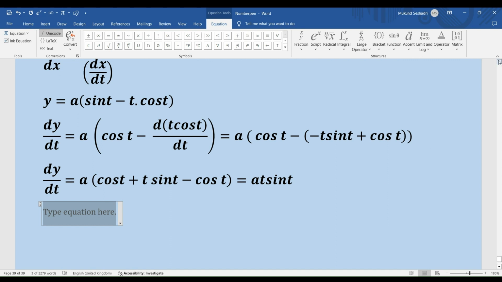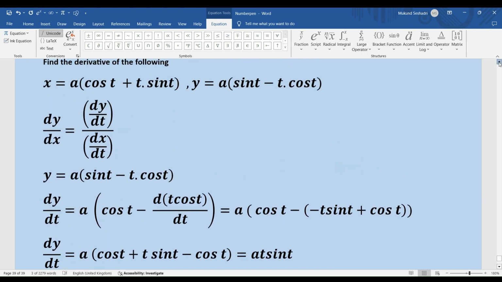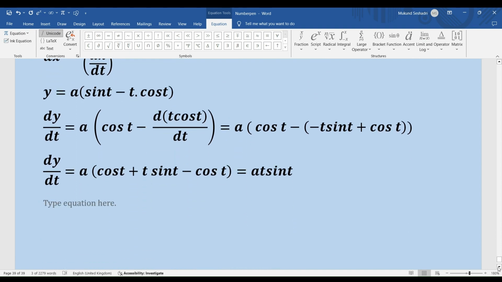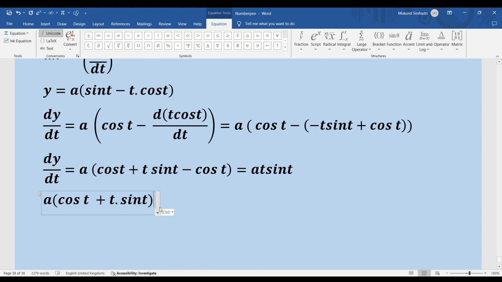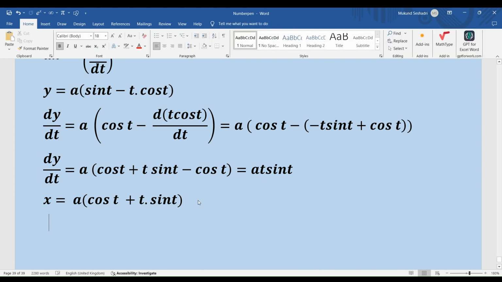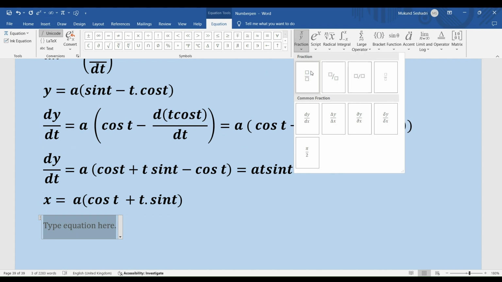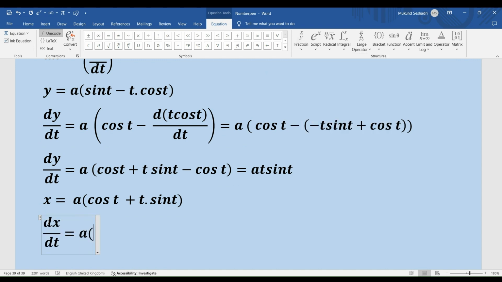So I'm going to pick up my x, going back to the problem. My x is a times cos t plus t sine t. Again, we have an application of a sum rule and a product rule here. So my x equals the expression that you have on your screen right now. And then I do my dx by dt equals a times, step 1, application of the sum rule.